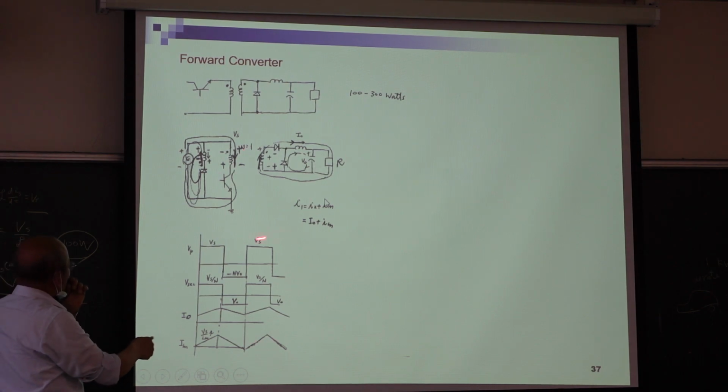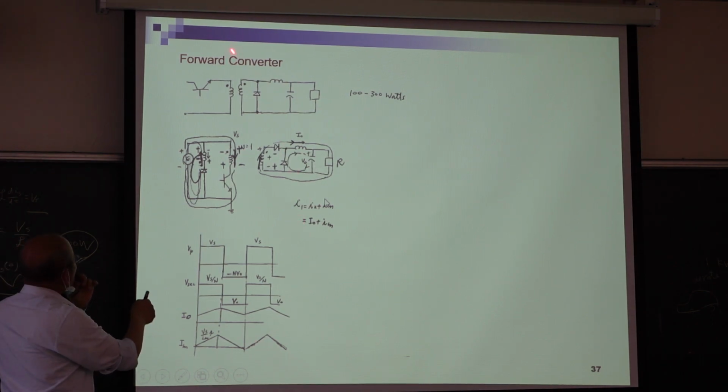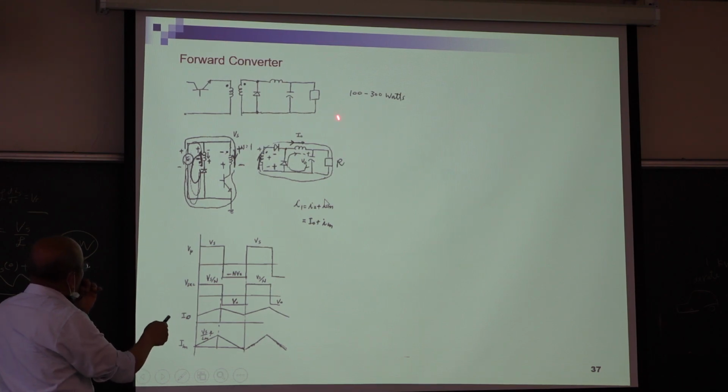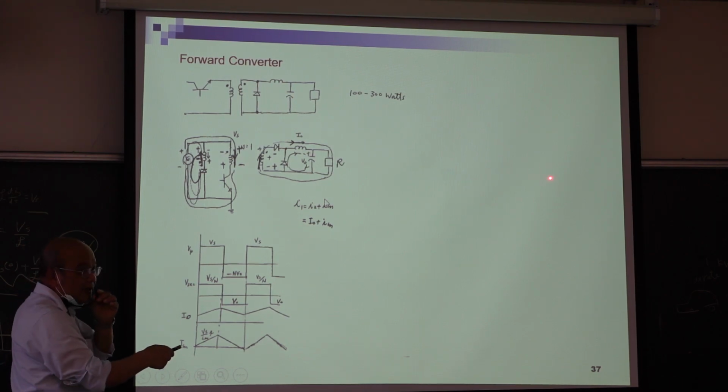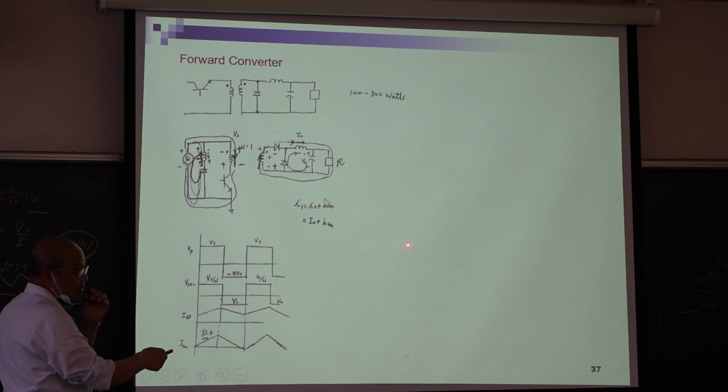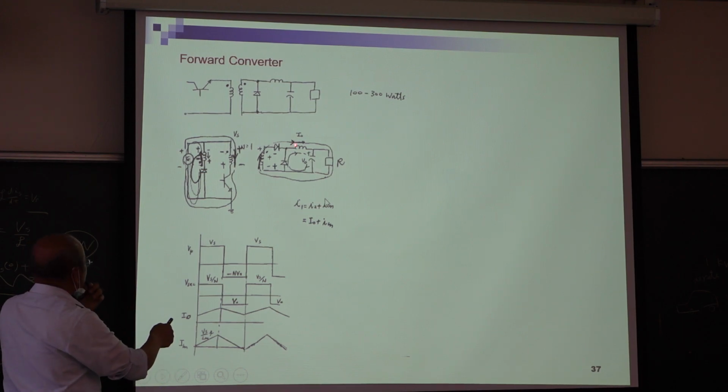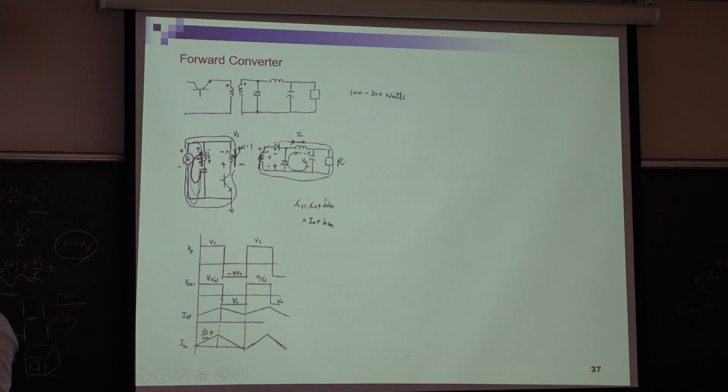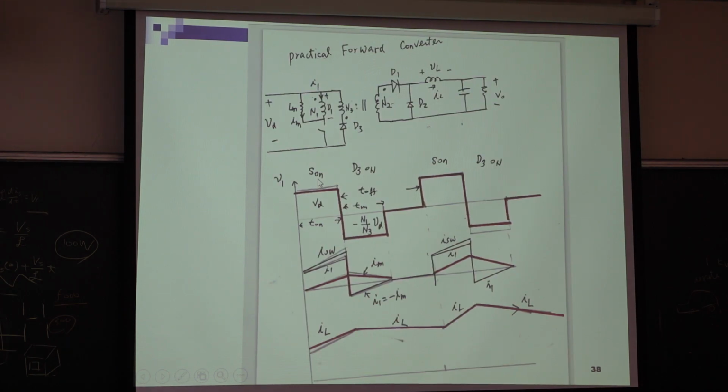So we have to follow this rule. Then we can improve the performance better than flyback, but less than full bridge. So this is in the middle. If you use this one, you can use from 100 watts to 300 watts. So this is the forward converter.